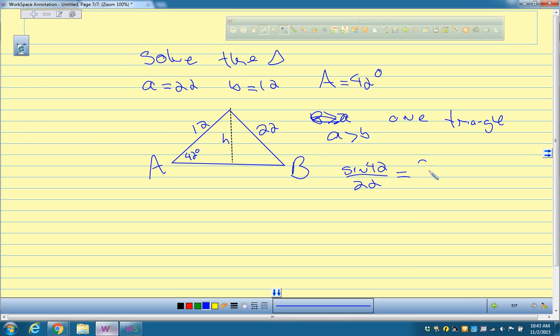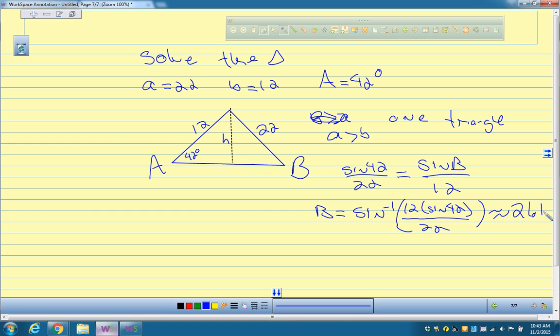We'll call this B. Sine of B is to 12. And then you take the inverse sine, so you get B is equal to the inverse sine of 12 times sine 42 divided by 22, and you get that that angle is about equal to 21.4, okay?